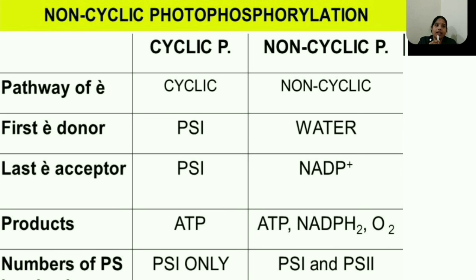In non-cyclic: ATP, NADPH2 and oxygen. Then the number of photosystems involved: in cyclic photophosphorylation, photosystem I only, but in non-cyclic, photosystem I and photosystem II.